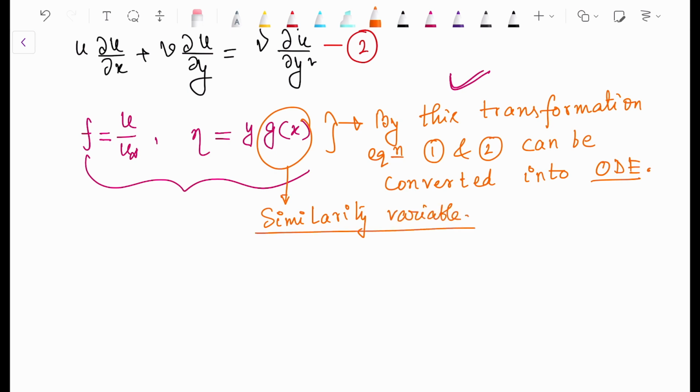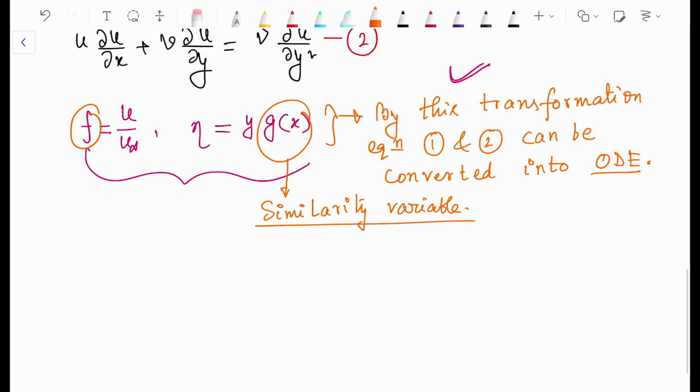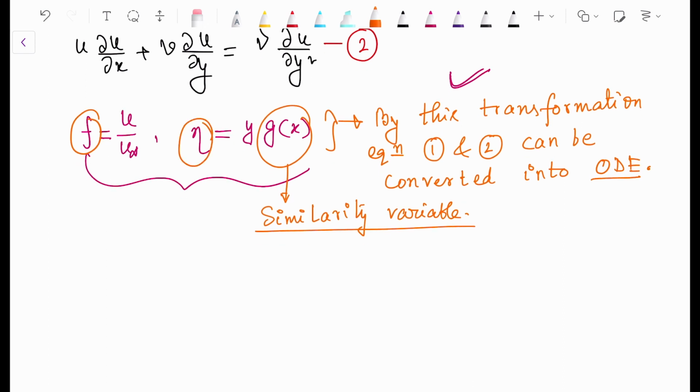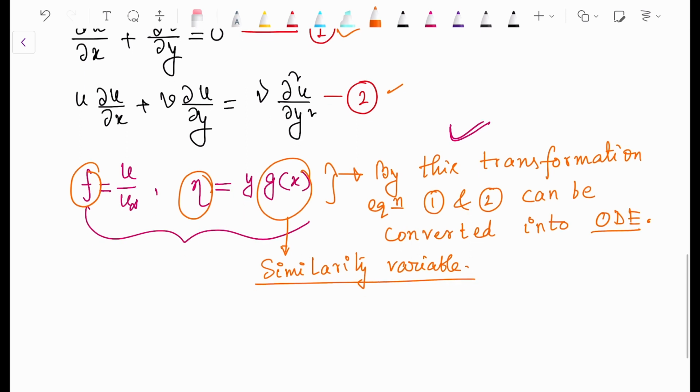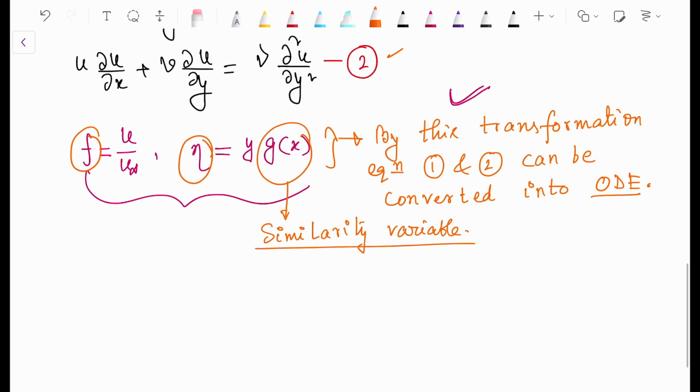So now I want to know that if my only dependent variable is f and only independent variable is eta, then can I convert these PDEs into ODEs? So let us substitute, instead of x, y and u, eta and f. Eta is containing both x and y.